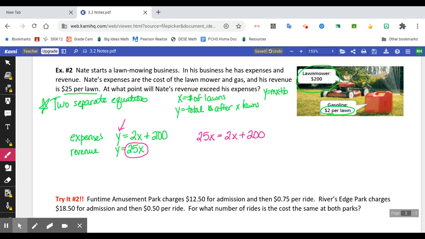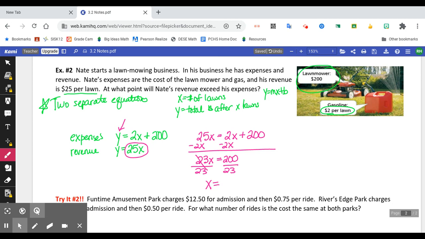Okay, this is going to be subtract 2x to move it together. So I have 23x equals 200. Divide by 23, and x equals about 8.69 lawns.